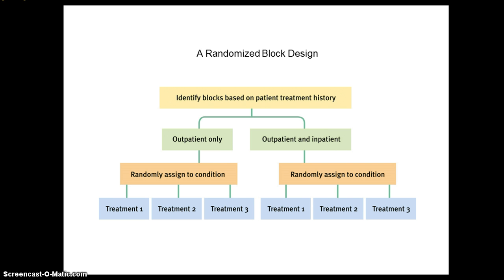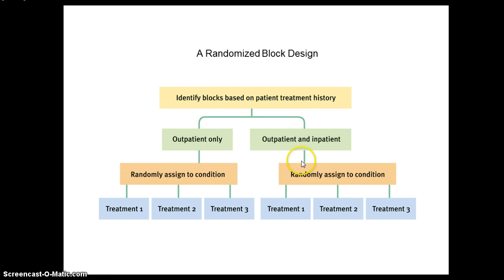Here's another example of what's called a randomized block design. So we come up with, as you see here in the first level, blocks based on patient treatment history. So if we have individuals who have had only outpatient treatment, that would be our first block.